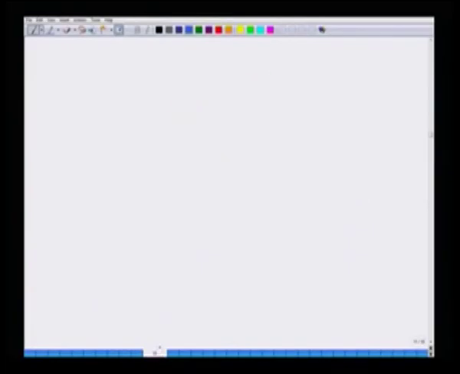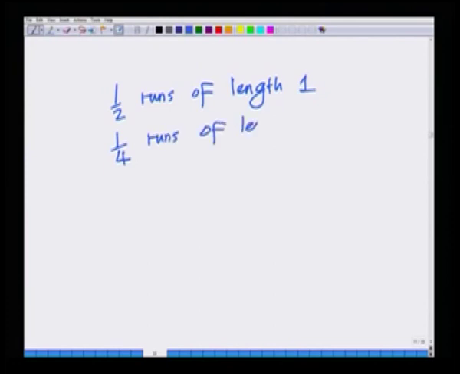So, if I write this, half the runs of length 1, 1/4 runs of length 2, 1/8 runs of length 4, and so on and so forth.